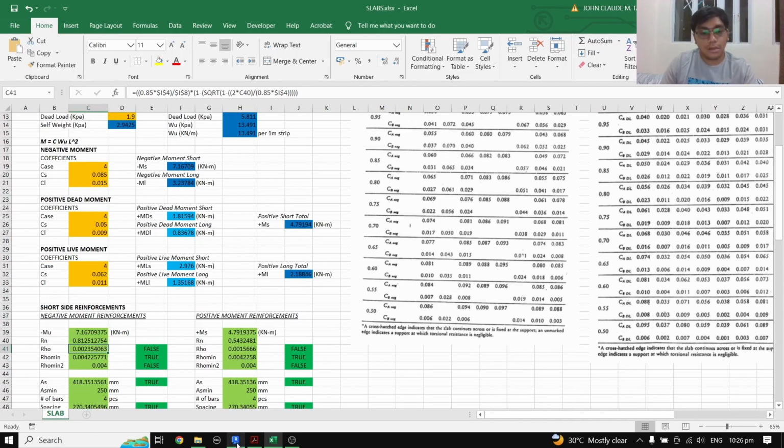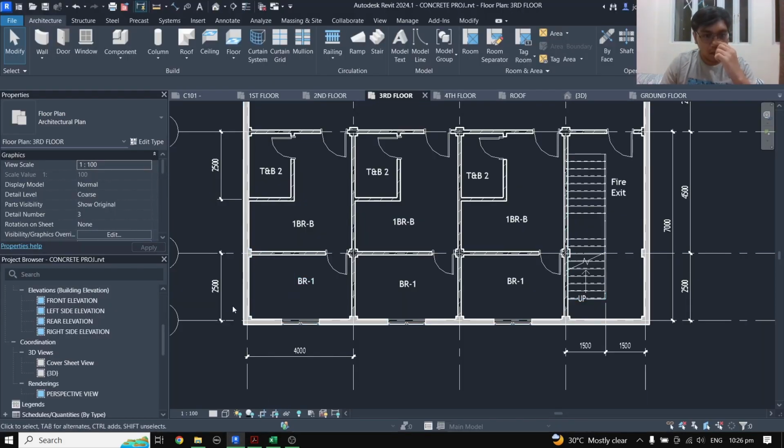I forgot to show that we are using this slab for reference for the two-way slab, and we will be using this fire exit slab as a one-way slab.